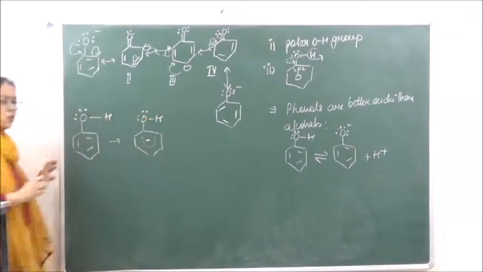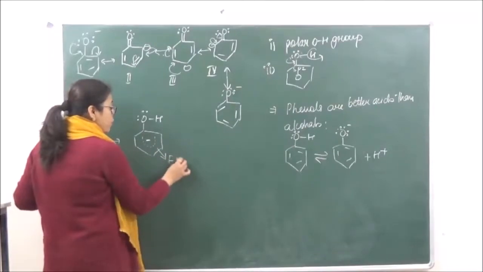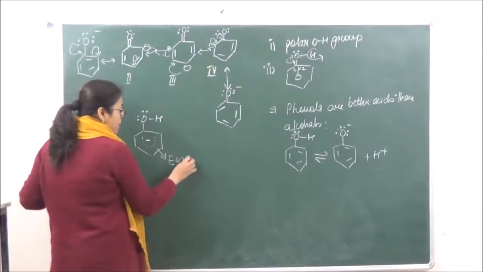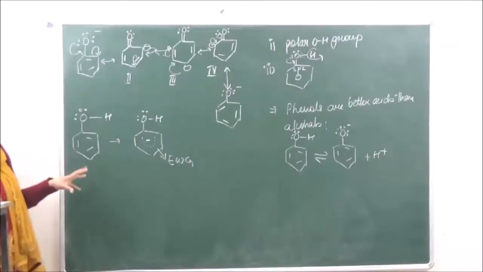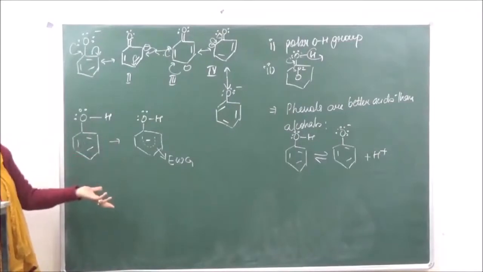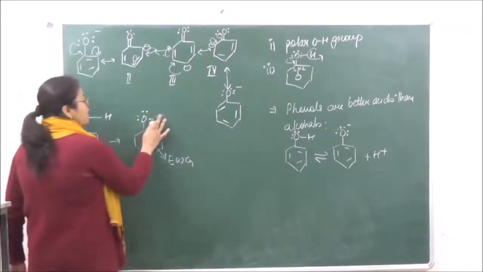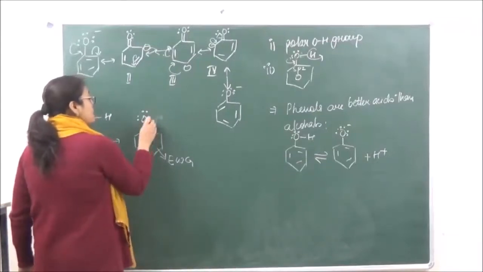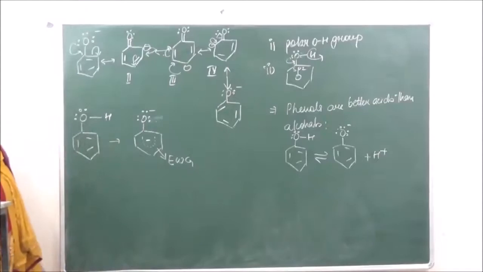This is the phenolic group over here. The electron withdrawing groups are going to withdraw electrons from the benzene ring, thereby dispersing the negative charge more and making the phenoxide ion more stable. Okay? So we're looking at the phenoxide ion over here. It will become more stable due to the presence of electron withdrawing groups.